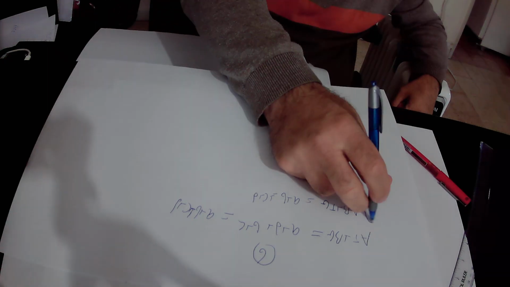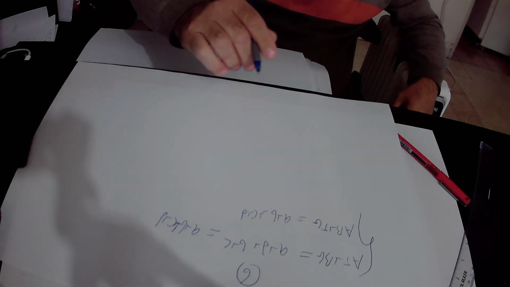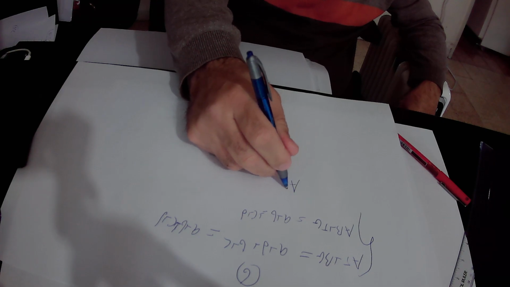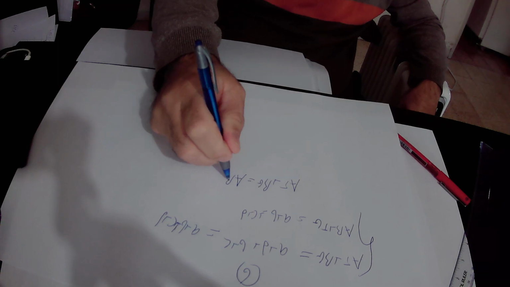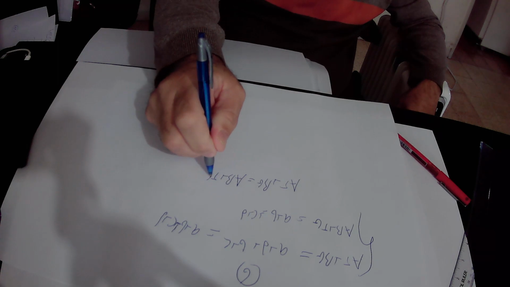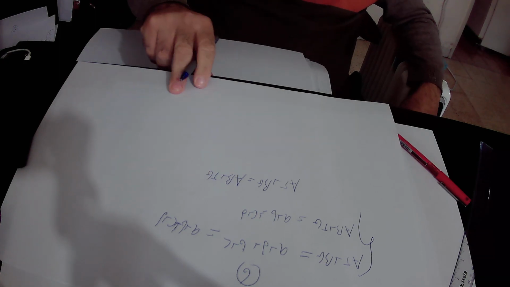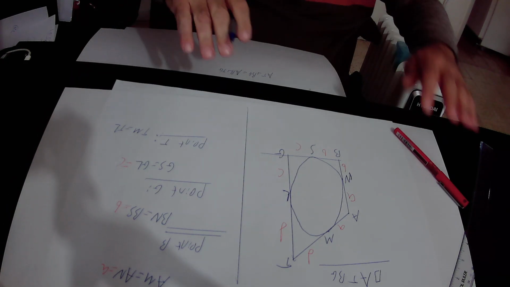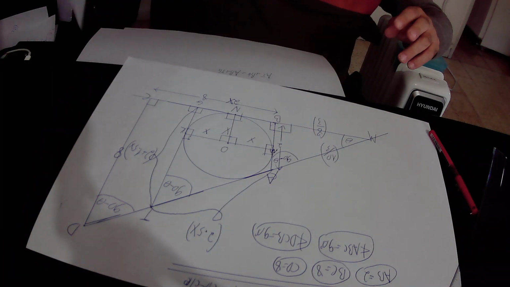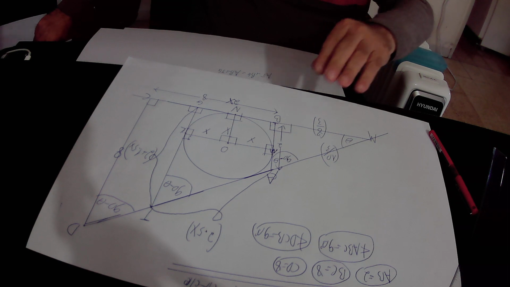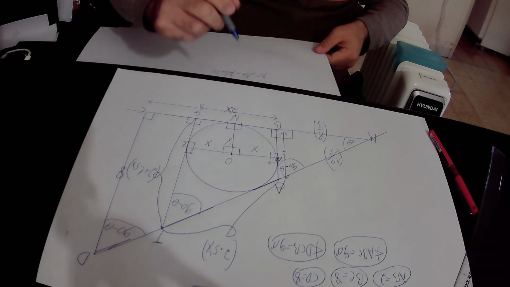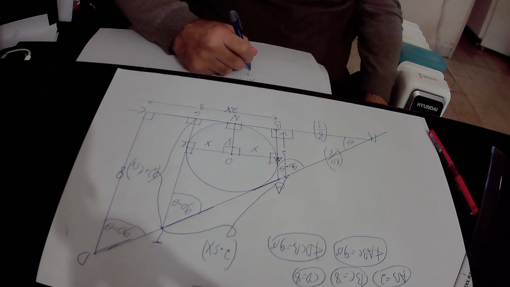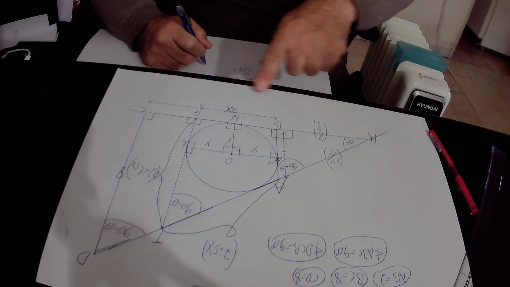Okay. AT plus BG equals AB plus TG. We have already found out that AT equals 2.5x, so we substitute AT by 2.5x plus BG.